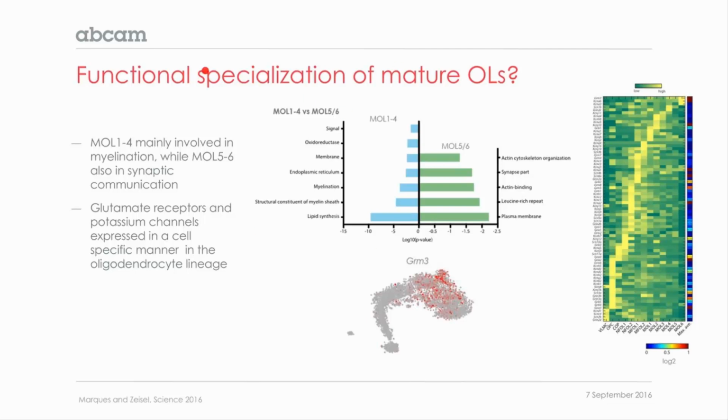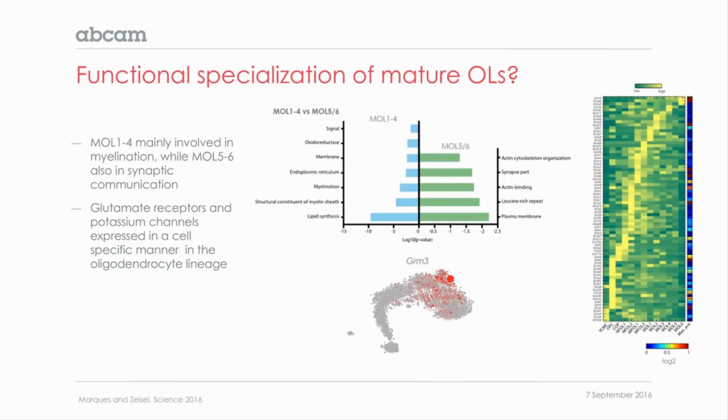One thing that we could see is that these mature populations all express genes involved in myelination. However, a subset of them, for instance MOL5 and MOL6, which are present more in the adult corpus callosum and cortex, are enriched in genes involved in synapses.